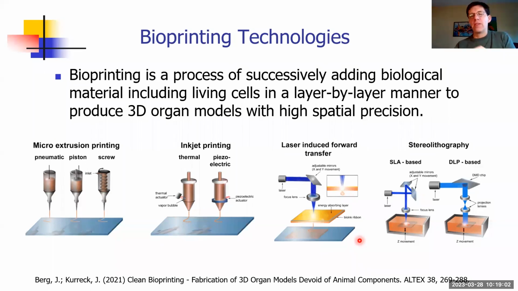So there are 2 important things to take home from this part of my presentation. The first is there are various technologies for bioprinting out there, and none of those is the very best technology, but rather each technology has its advantages and disadvantages. For example, DLP printing has a very, very high resolution, much higher than, for example, extrusion printing.